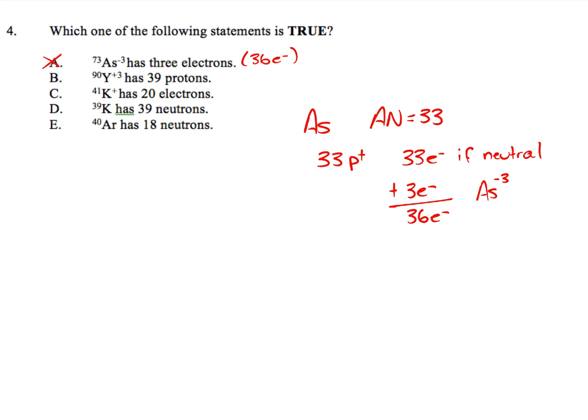Okay, let's look at 90Y +3. Find that on the periodic table. Y is atomic number 39.